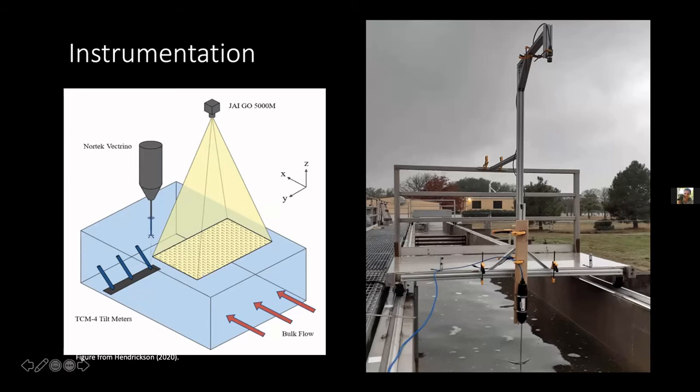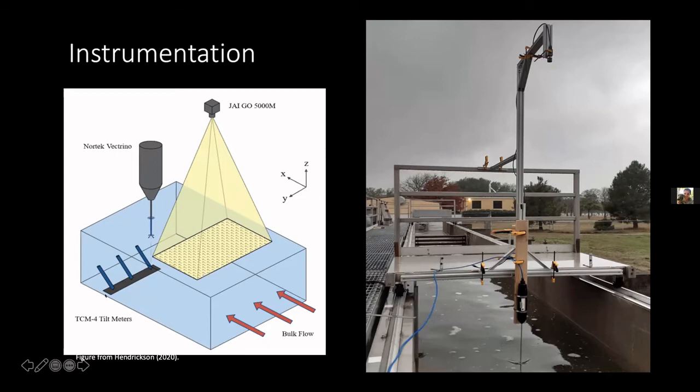At the back of our two-dimensional PIV field, we also have a Nortek Vectrino that lets us measure at a single point all three components of velocity, so we can look at the depth variation of our velocity profile. I will mention, I'm not really presenting it in this talk, but in our left cartoon, you can see we also use these tilt meters.